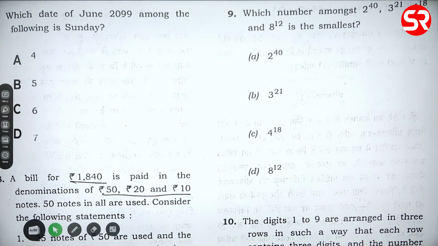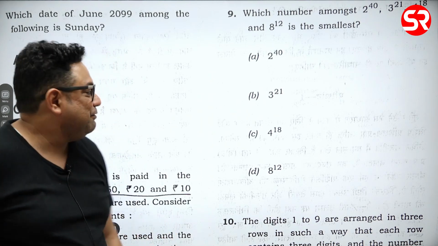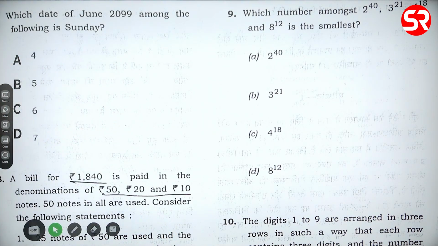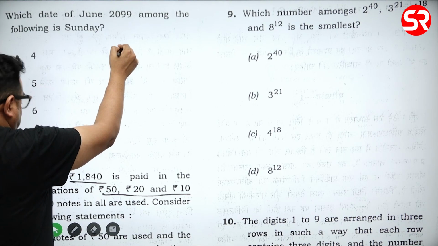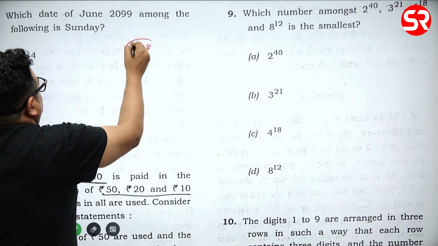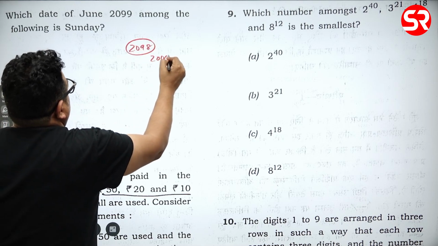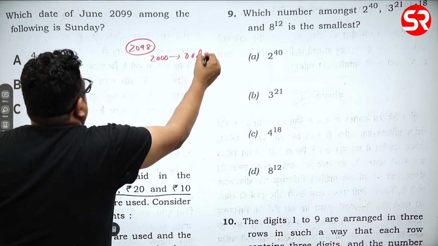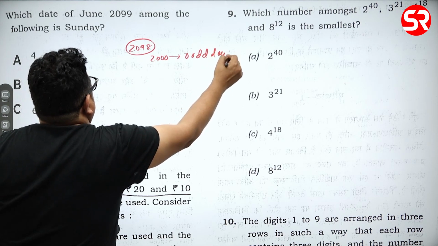Which day of June 2099 following is Sunday? Guys, I don't say that everyone knows this. You should have counted till 2098, until 2000 odd days. If you have done calendars, everyone knows this.